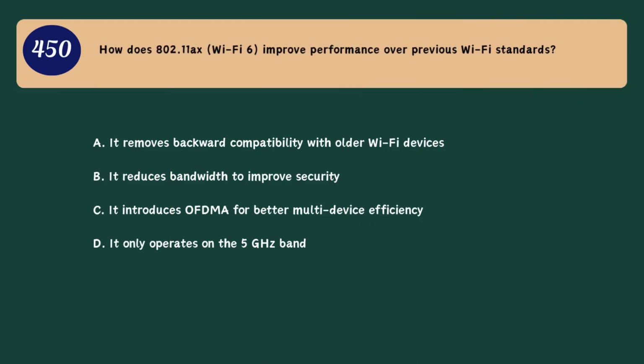Question 450. How does 802.11ax Wi-Fi 6 improve performance over previous Wi-Fi standards? A. It removes backward compatibility with older Wi-Fi devices. B. It reduces bandwidth to improve security. C. It introduces OFDMA for better multi-device efficiency. D. It only operates on the 5 GHz band.